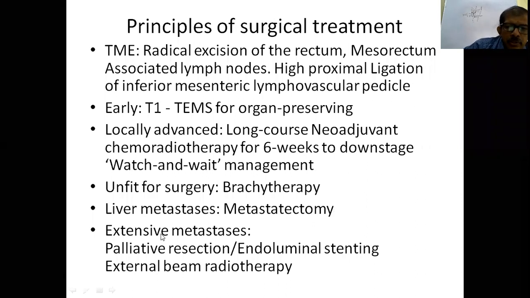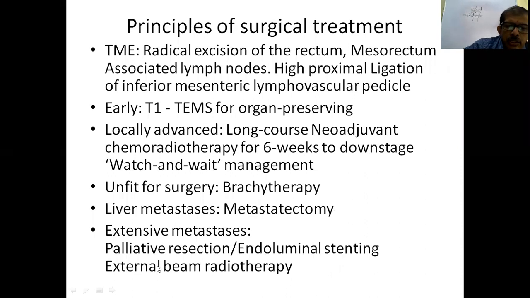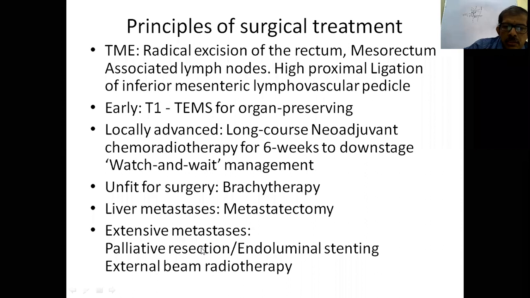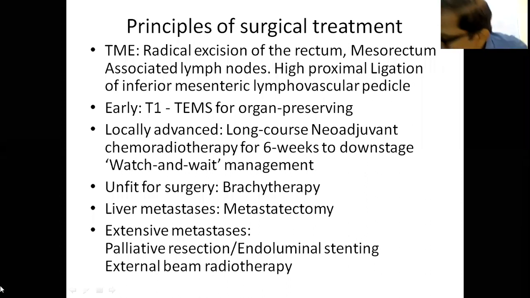Whereas for growths which are having extensive metastasis, you can do either palliative resection or, to prevent intestinal obstruction, endoluminal stenting. The so-called, already I told you about, in esophagus I told you.